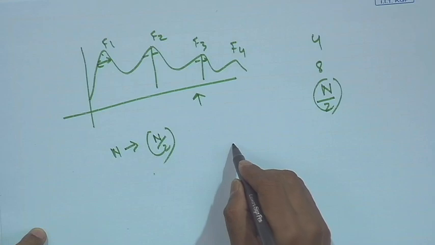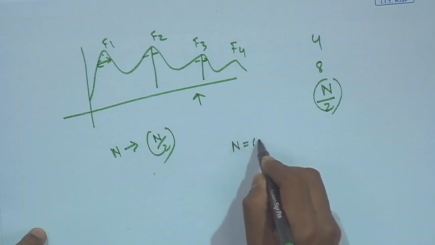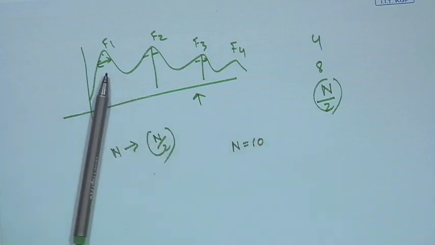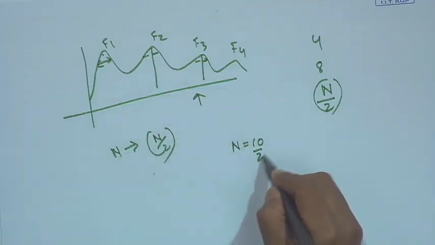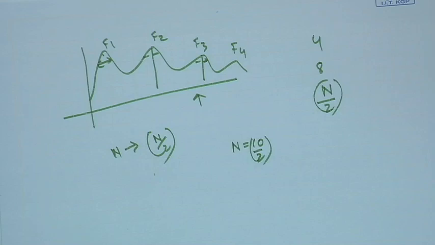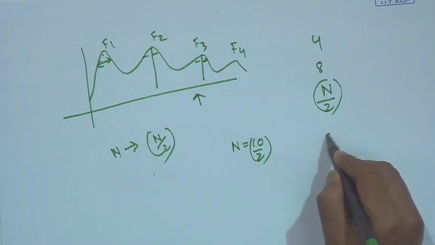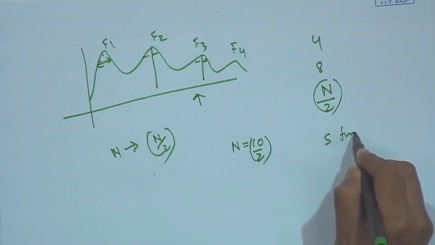Let us say n equal to 10 tubes: I take 10 tubes to model this, the whole vocal tract system is divided into 10 parts, then I can get 10 by 2 complex conjugate poles. So, I can get 5 formant frequencies.